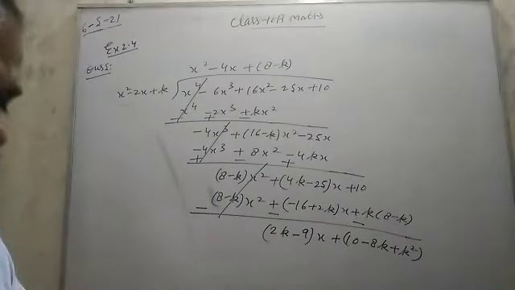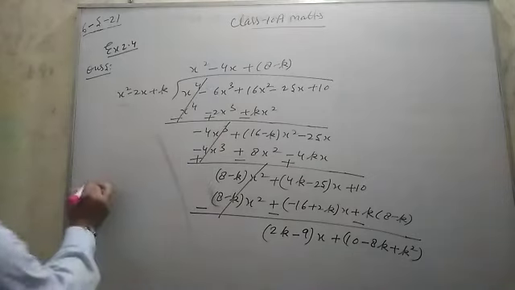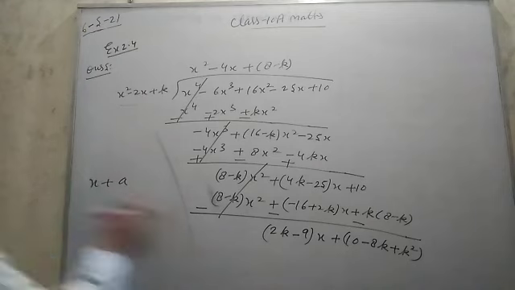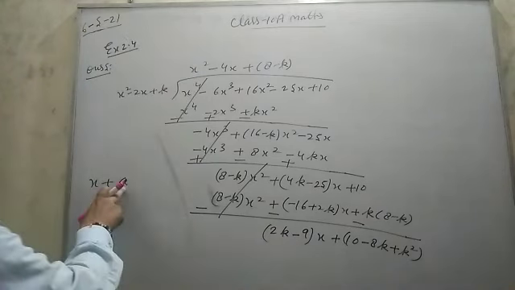And the question says that the remainder comes out to be x plus a. So compare this coefficient of x, and here the constant term.